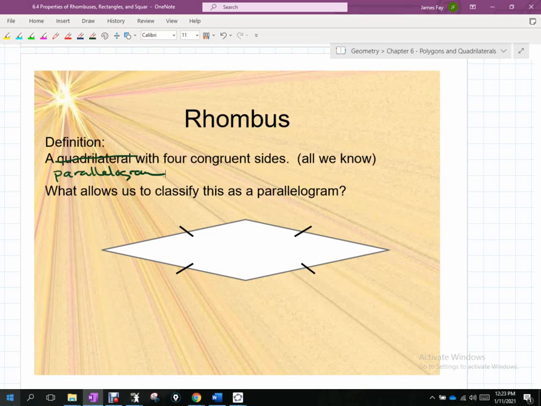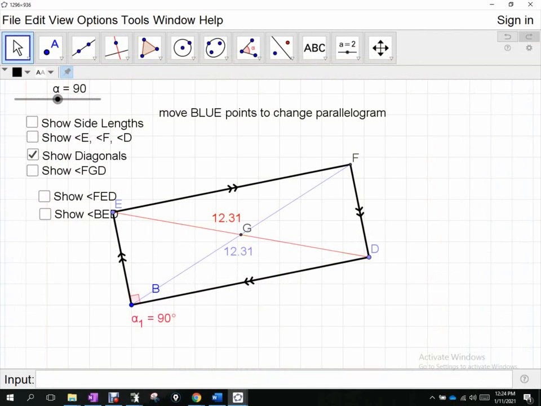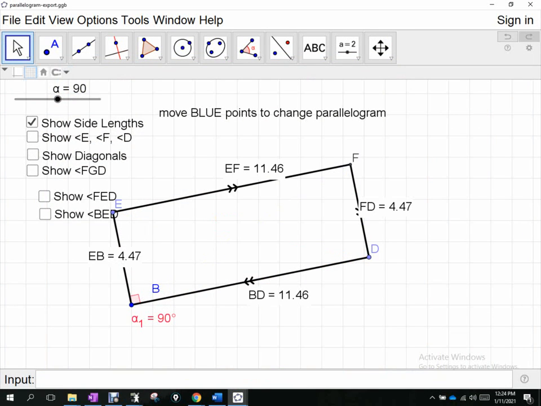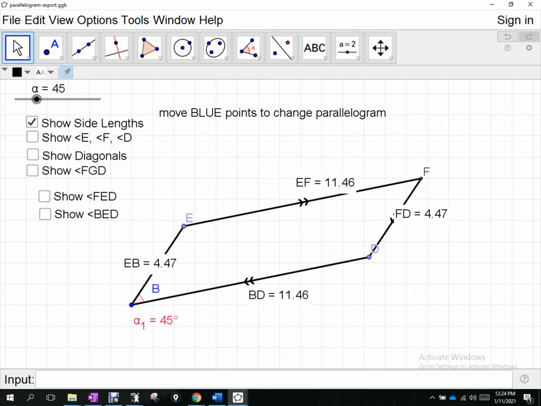Okay, so what makes a rhombus special? Well, one special thing is that 4 congruent sides was not a condition that was needed for all parallelograms. And we saw here that when I show side lengths, like that parallelogram there, obviously all 4 sides are not the same.